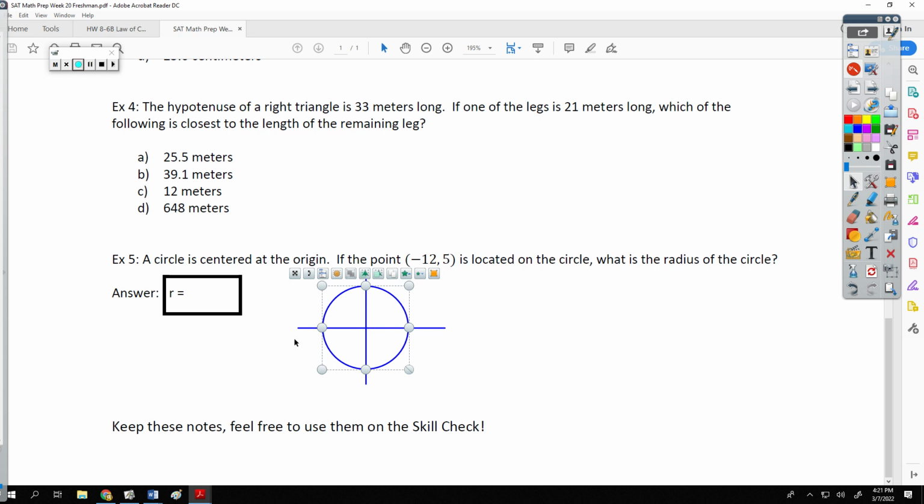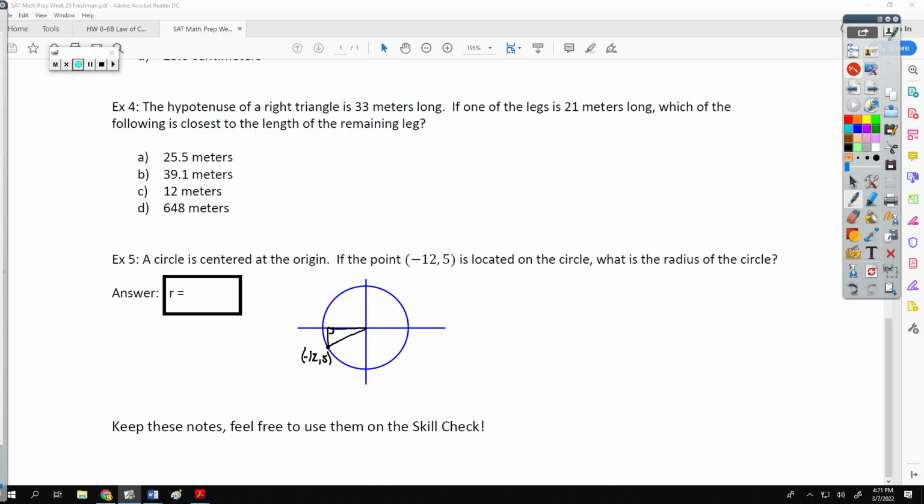It says if the point negative 12, 5 is located on the circle, what is the radius of the circle? Well, if we connect that point to the x-axis and to the origin, we create a right triangle.